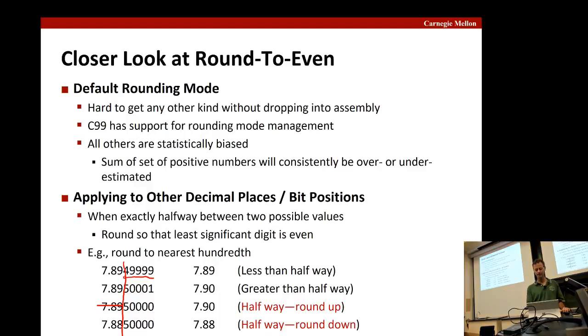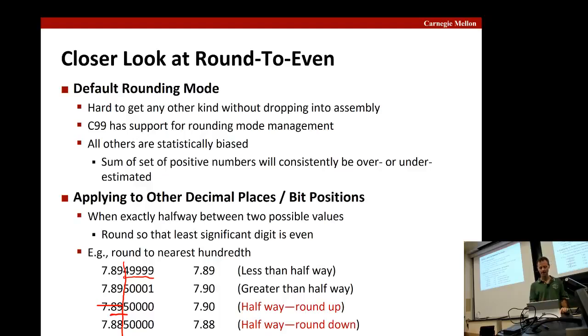In this case, you're going to round down because that's less than halfway. In the next case, you're going to round up because that's greater than halfway. And now you have this tied case that we talked about last time. If you round even, the choices were rounding to 7.89 or 7.90, and even in this case means the last digit is 0, so you'd round to 7.90.